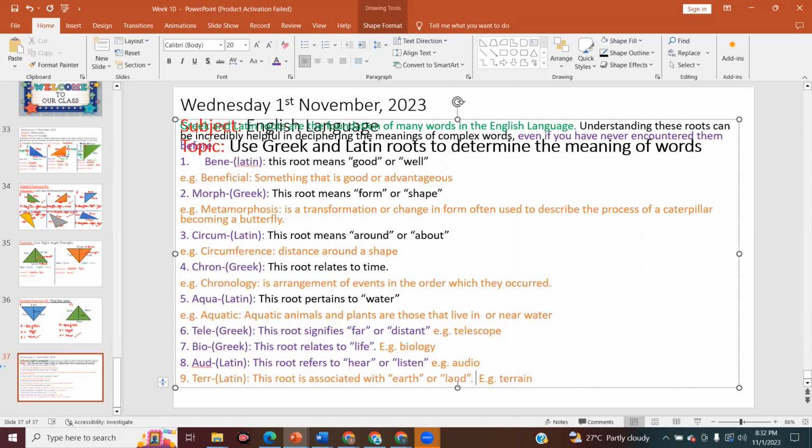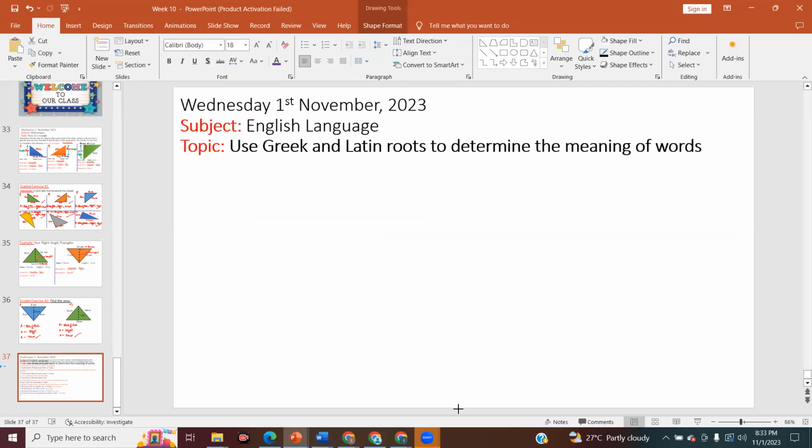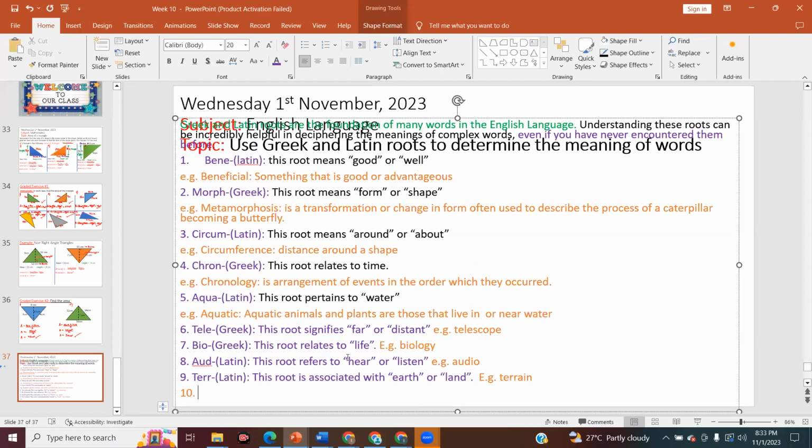Okay, and finally, the last Greek or Latin root that we'll be looking at is going to be an interesting one. This is actually a word in English too. And the word is... Because. P. Sorry.